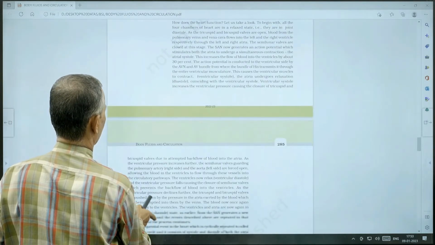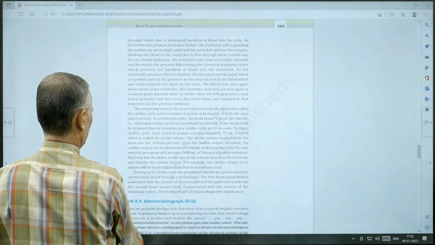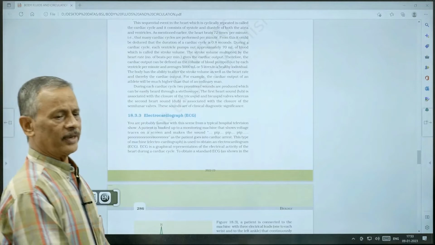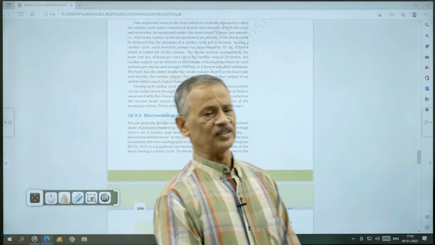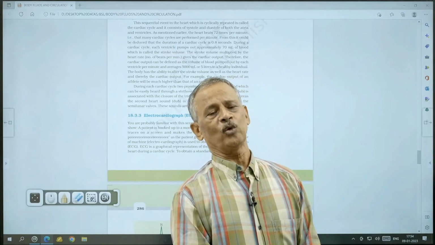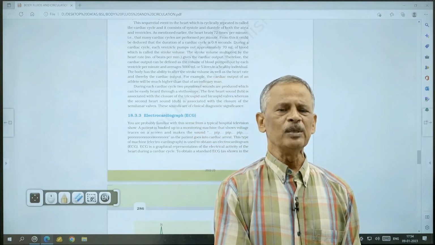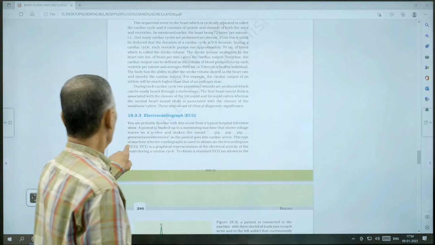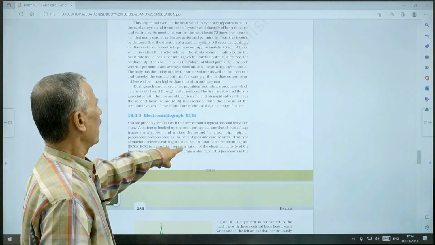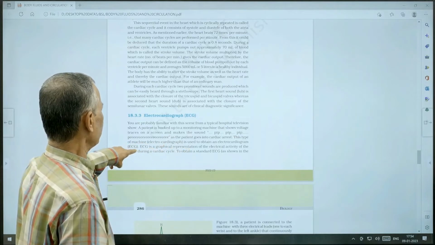Cardiac cycle. Okay. Now we can understand the healthy nature of our heart if our body is connected to an ECG machine. The electrocardiograph is that machine. And using that machine, you get a graph.